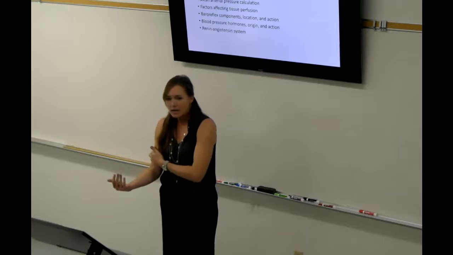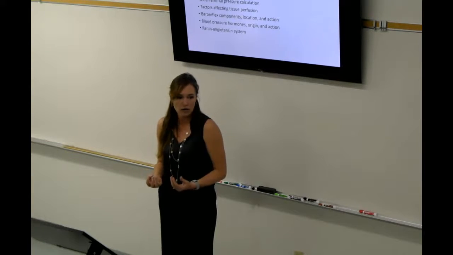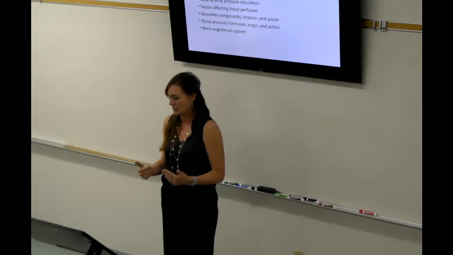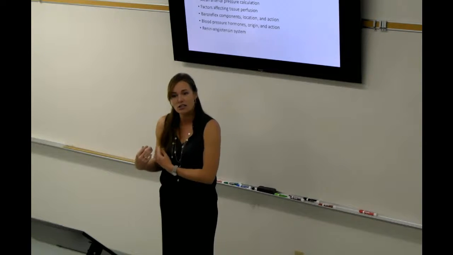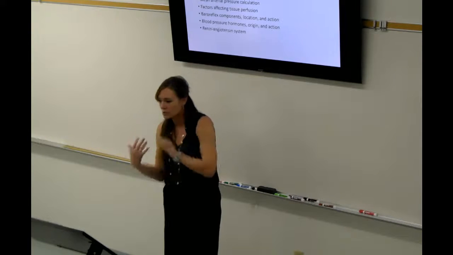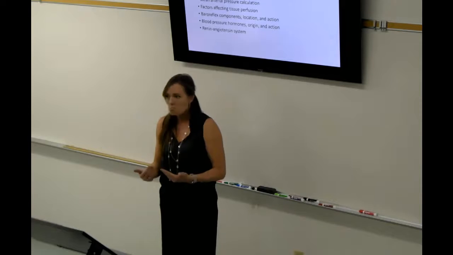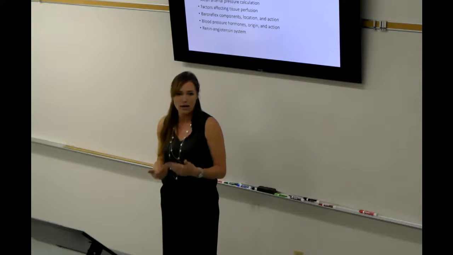So the hypoxic environment, meaning that it's actually extracting more oxygen out of the blood because of the ATP generation, is going to locally vasodilate, cause more blood vessels to open so I can deliver more oxygen. So working muscles can actually increase their own blood flow at a local level.